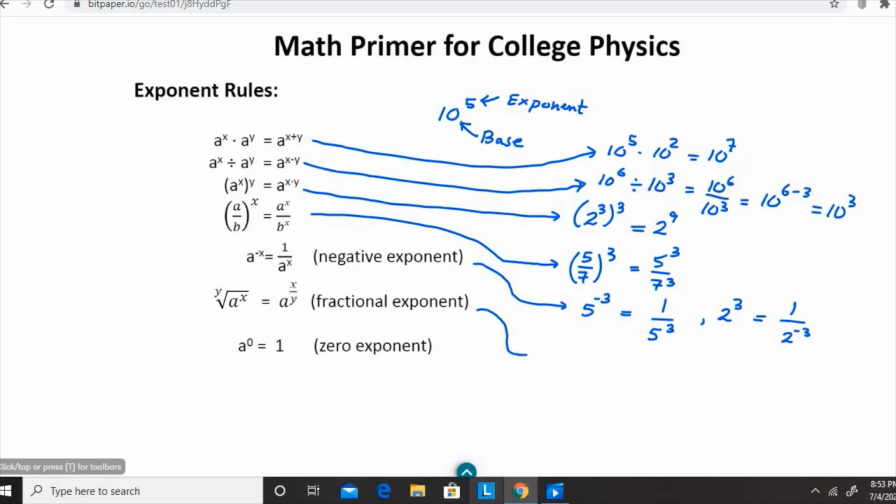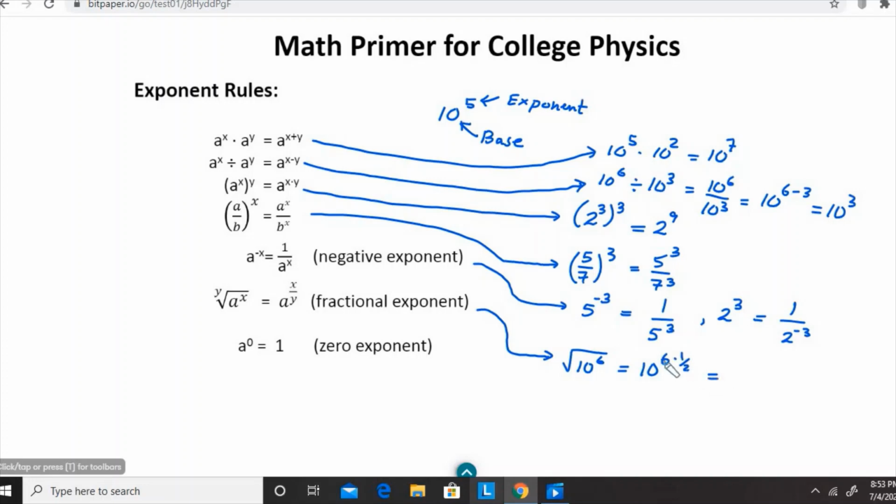The next one, fractional exponent. For example, you have something like this, 10 raised to the power 6, the square root of that. So the square root means simply take the exponent 1/2. So 10 raised to the power 6 multiplied by 1/2, right?